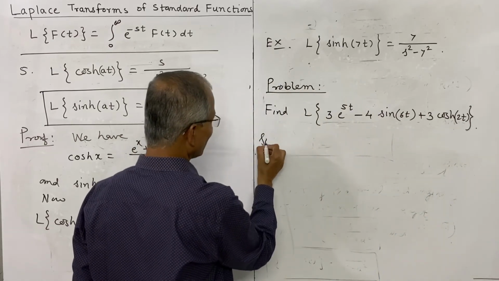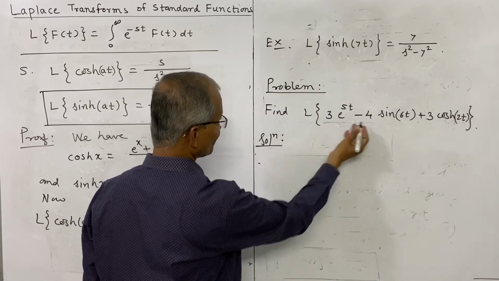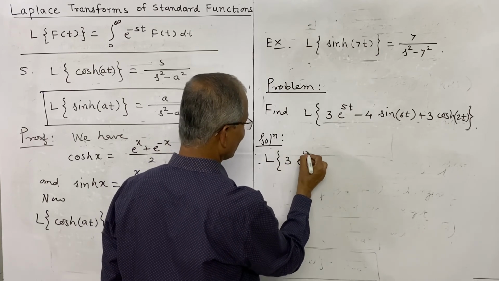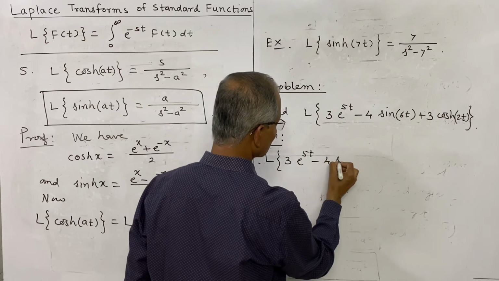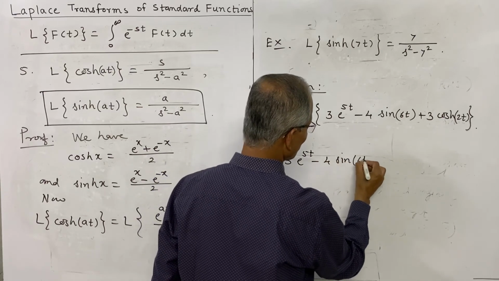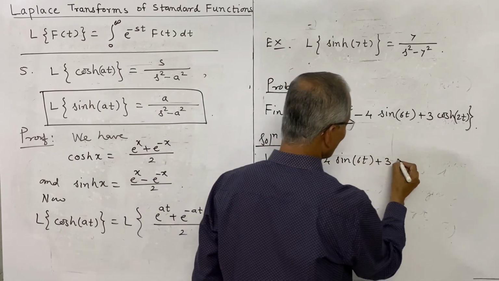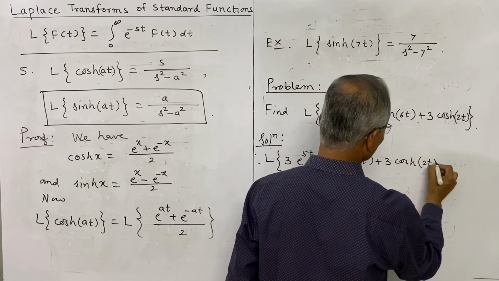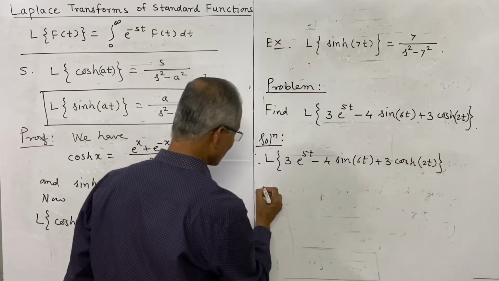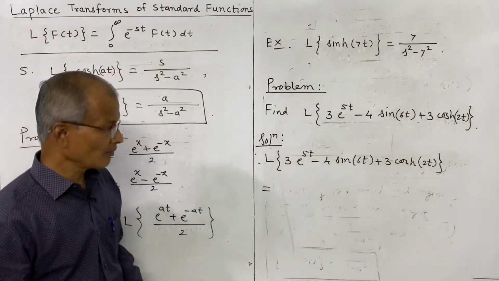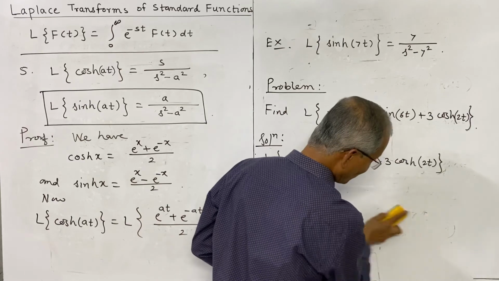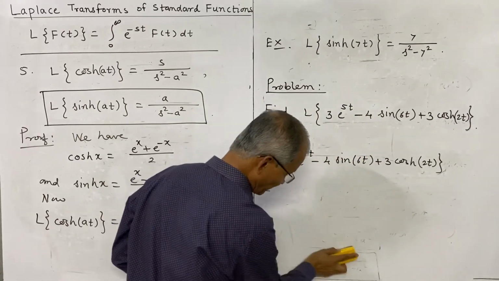So the solution can be written as L of 3 e power 5t minus 4 sine 6t plus 3 hyperbolic cos 2t. We use the linearity property, which can be extended for a combination of more than 2 functions, 3 functions, n functions.